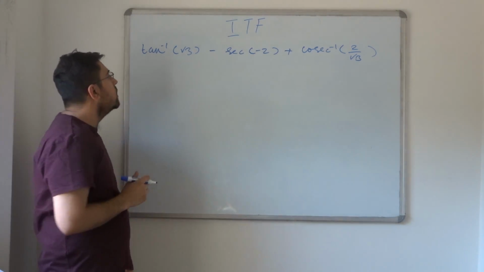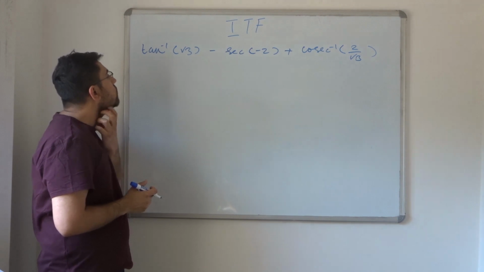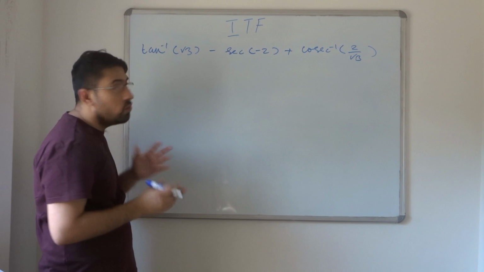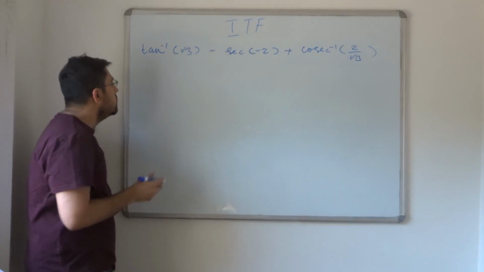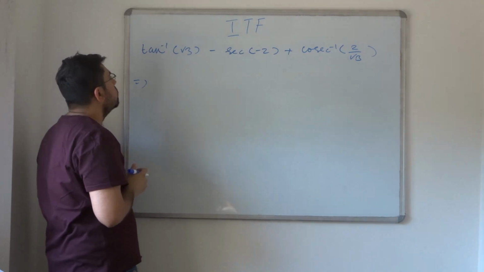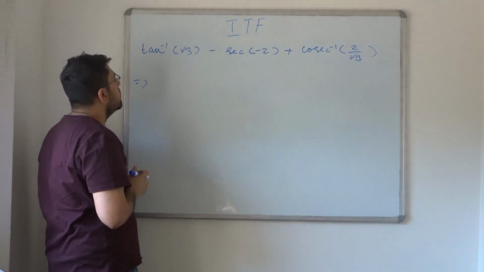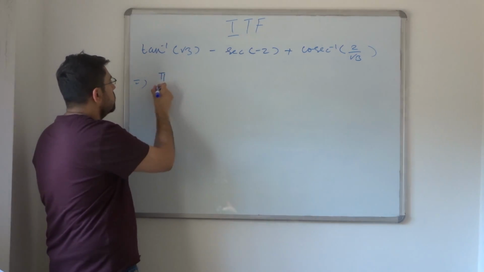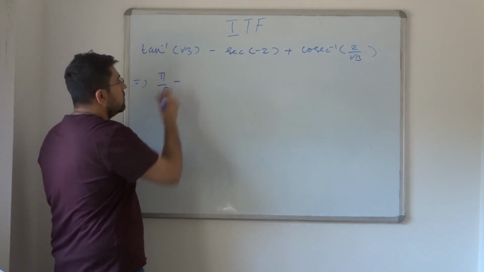Okay, so how do you do this? Okay guys, it's a very simple sort of a question, but don't go too fast this time. Okay, so we already know that tan root 3, we already know 3 minus.